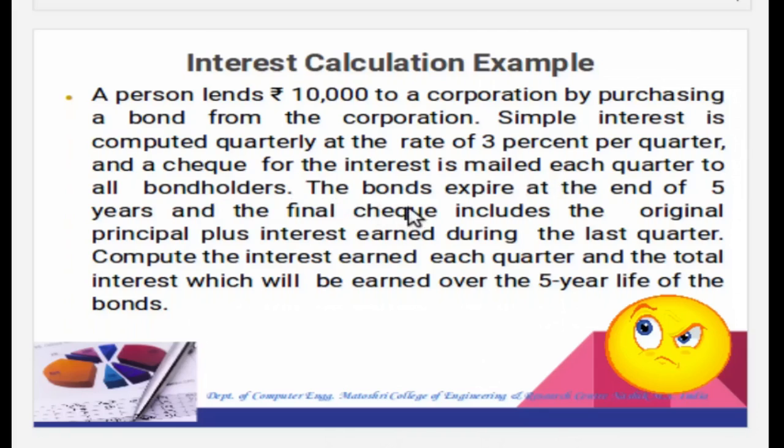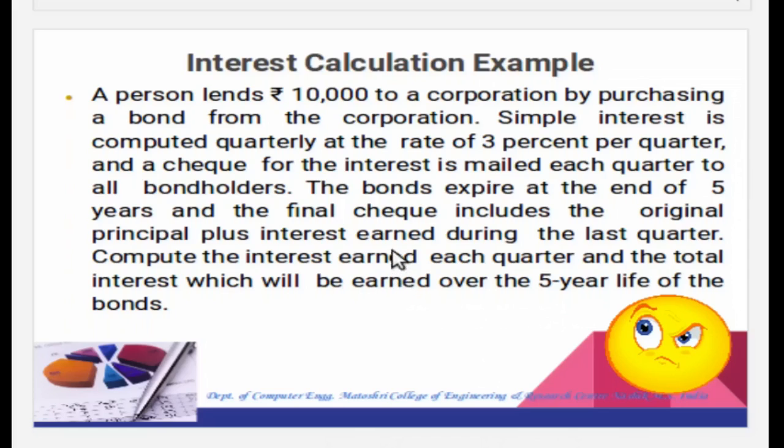The bonds expire at the end of 5 years, and the final check includes the original principal plus interest earned during the last quarter. Compute the interest earned each quarter and the total interest which will be earned over the 5 year life of the bond.